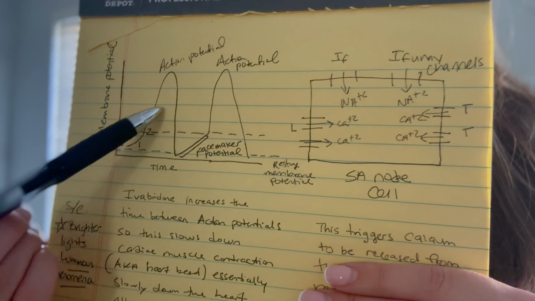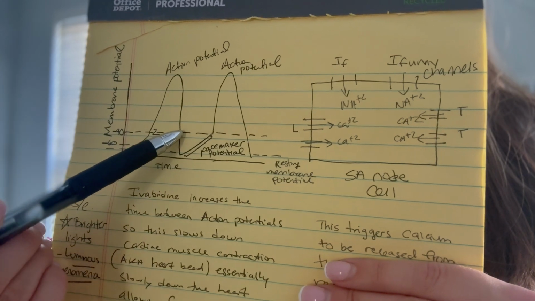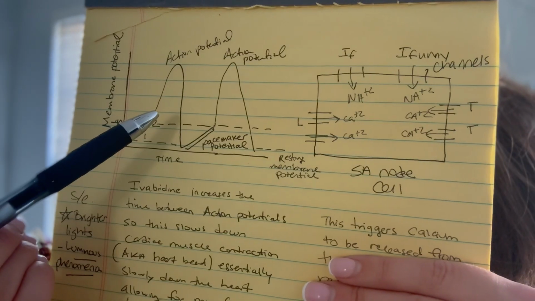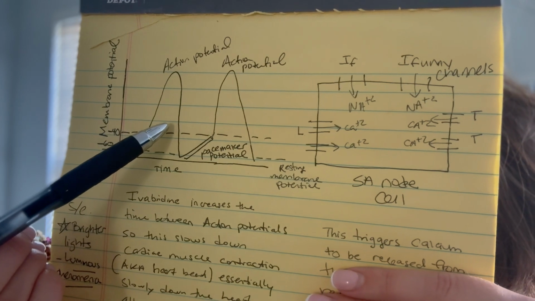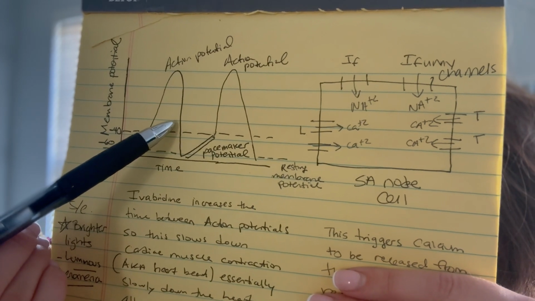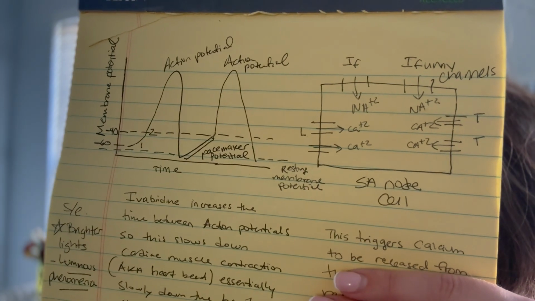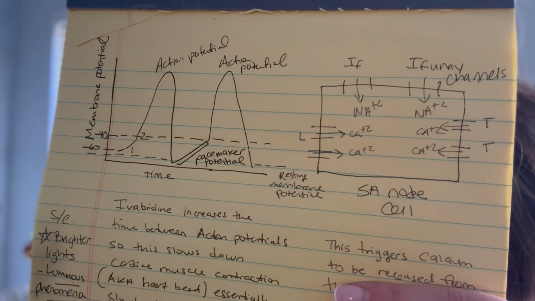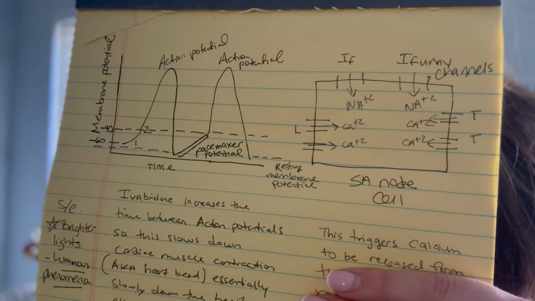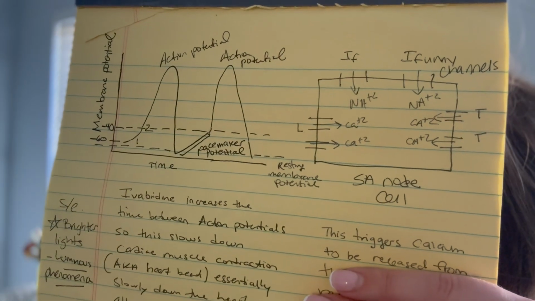This generates your action potential, or your cardiac electrical impulse, which then results in a cardiac muscle contraction, what we call a heartbeat. This happens during every single cardiac cycle. Every single heartbeat, it happens the exact same way.